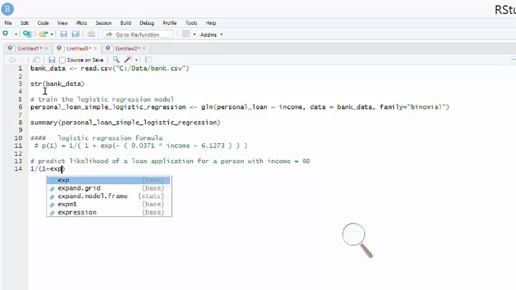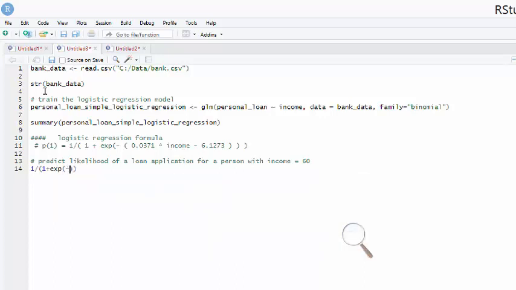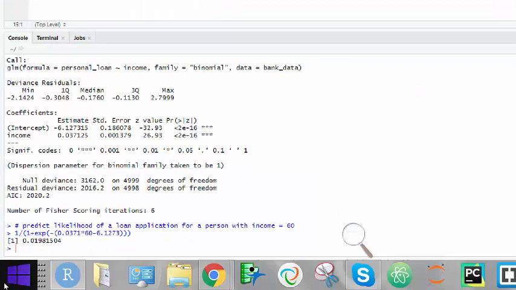EXP of the expression, and that would be minus, and then I open another set of parentheses: 0.0371, that's the slope, times 60 minus 6.1273. I literally took this formula and plugged in income equals 60. That's all. And let's see if I can run it. Yes, I can.